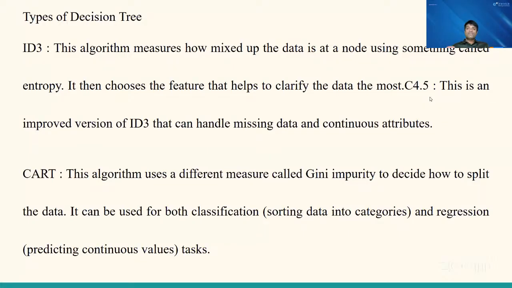CART is dependent upon Gini index. You can call it Gini index or Gini index, not a problem. CART is basically used for regression tasks, that means predicting a continuous variable. ID3 and C4.5 are mostly used for handling classification tasks.